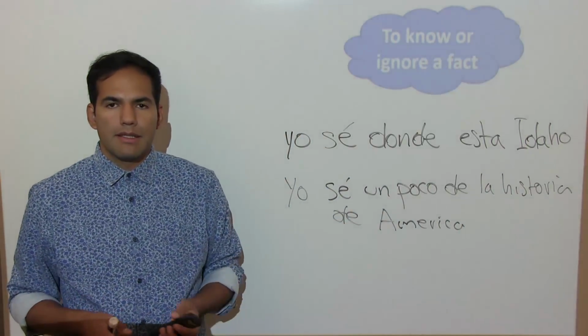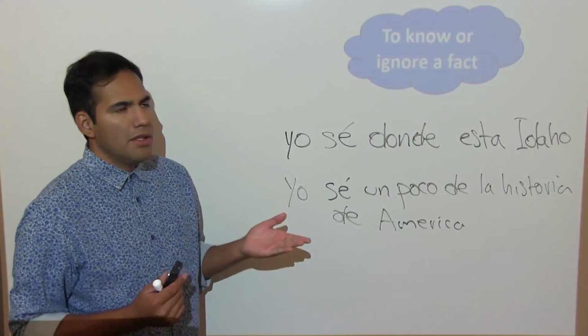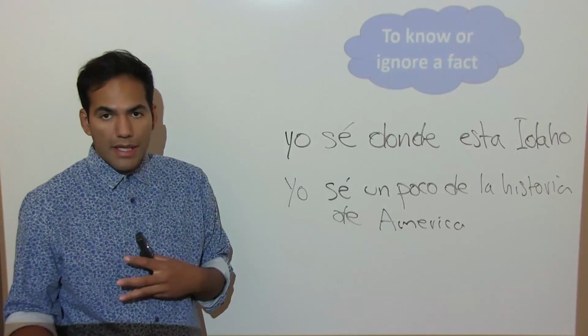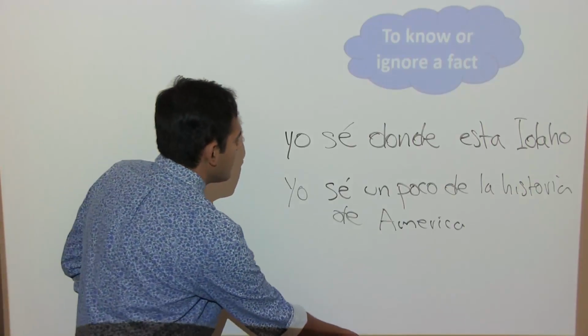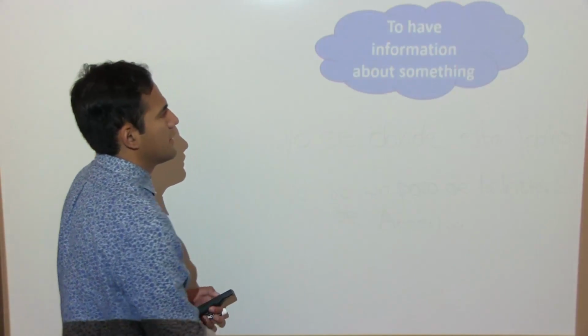So I know a little bit about the history of the United States. So as you can see, we know facts, but we also can ignore things. So instead of being yo sé, we will make a negative, yo no sé. So that's the first characteristic of saber.